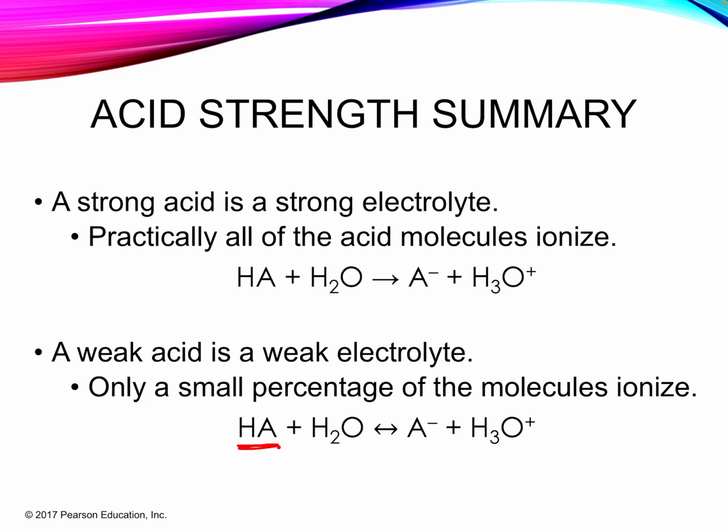Very few of them will react with water to form A- and H3O+. And again, I talked about this last time, but the single-headed arrow, we use those for strong acids to indicate that pretty much all of them ionize and we are not really making an equilibrium. Whereas we will use a double-headed arrow with the weak acids because you will see that equilibrium there.